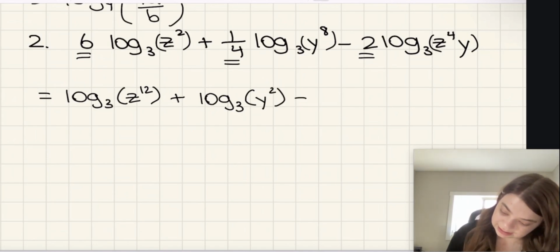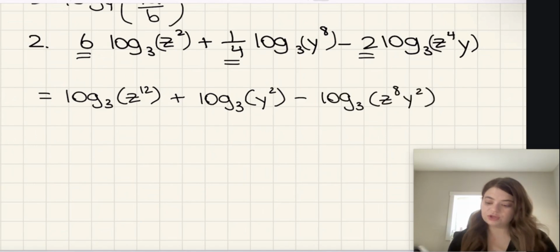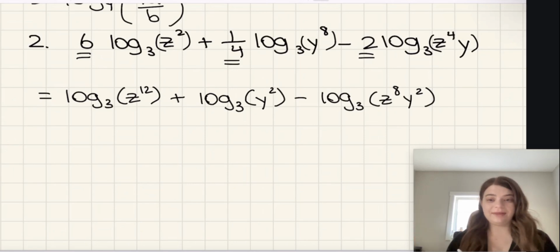And then minus log with a base 3 of z to the power 8 times y squared, right? Because whenever we do a power to a power, we multiply the powers, and then for a power of a product, we take that power of 2 and apply it to both the z to the power 4 and to the y, and that's how we get our answer there.